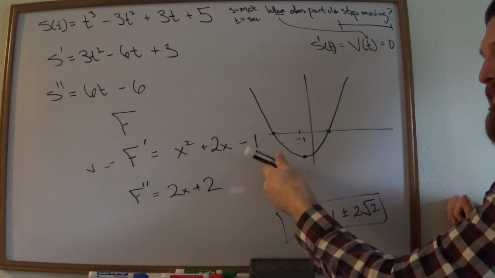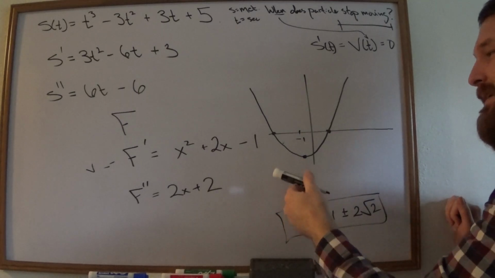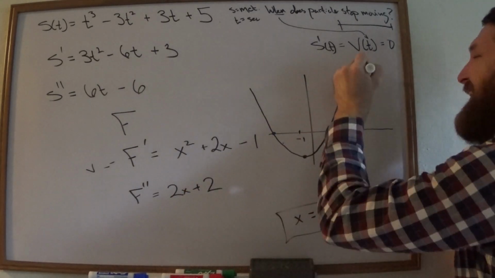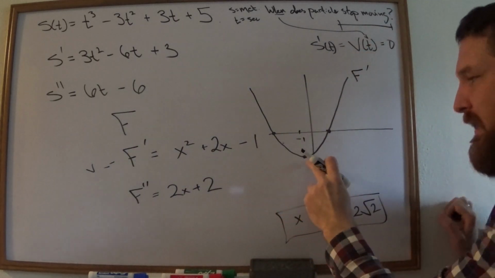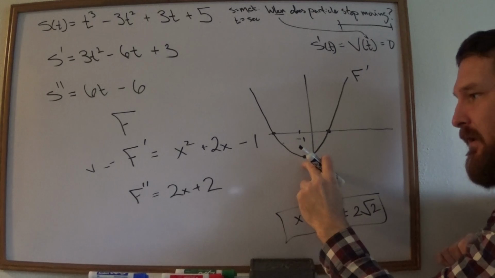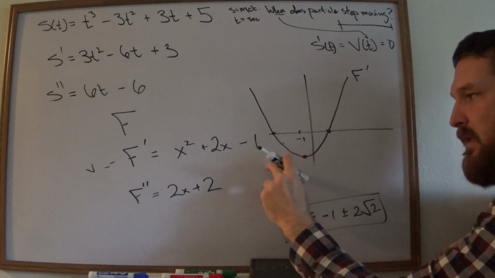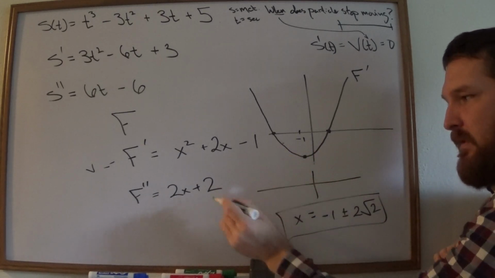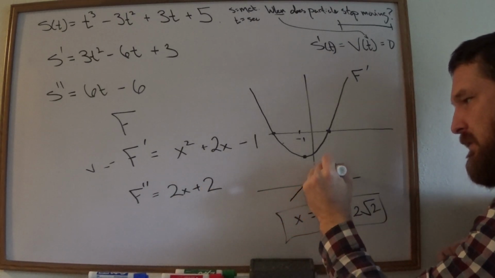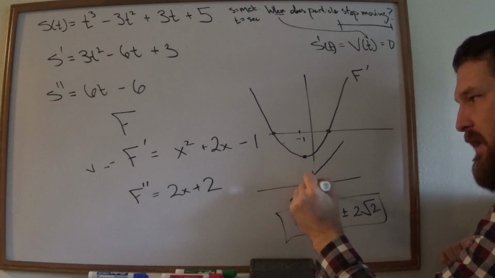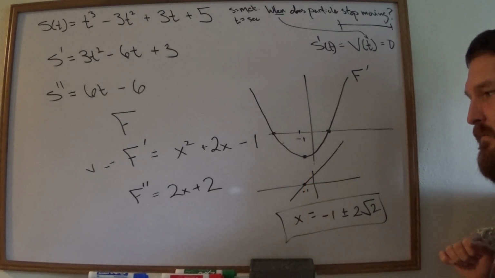Or I'm sorry, this is f prime. It's just a function. And here at -1, its derivative will be 0. Its derivative is this, 2x plus 2, so it looks like this. Right here at -1, you get a 0.